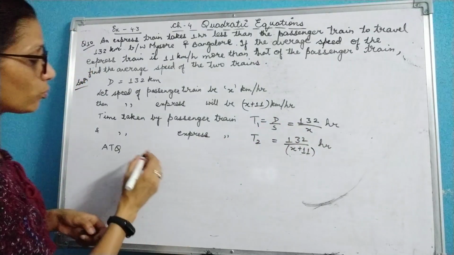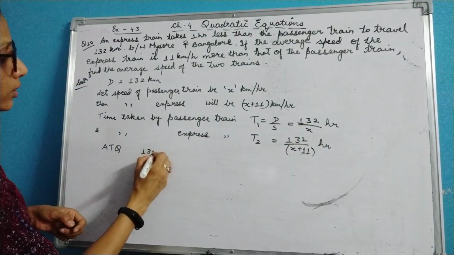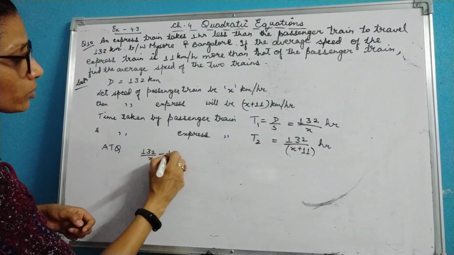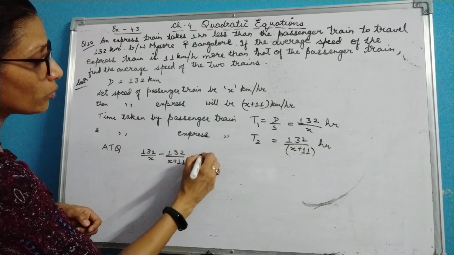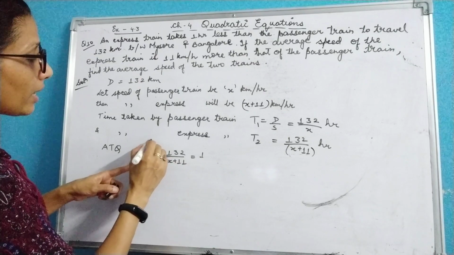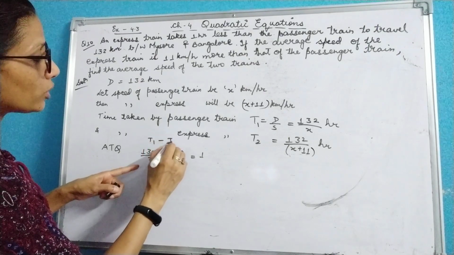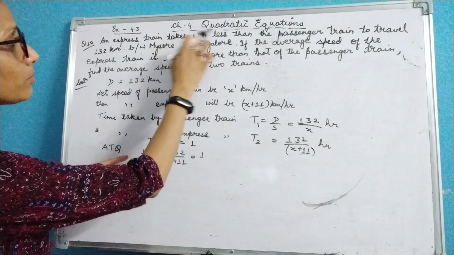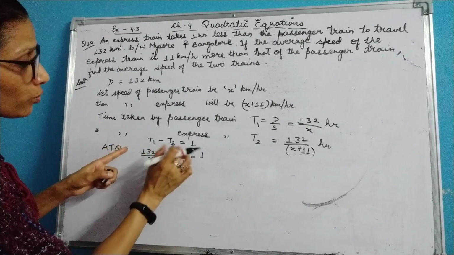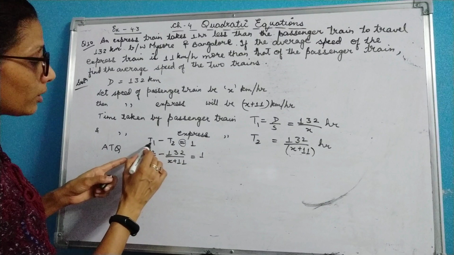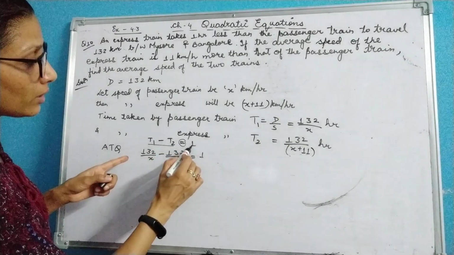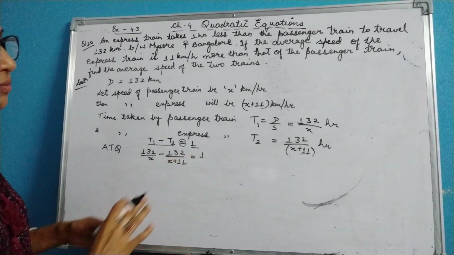That means I need to write down 132 by x minus 132 by x plus 11 equal to 1. Why I have taken this? I have done T1 minus T2 because the difference in time is given to you as 1. When you are equating something, then on both sides the unit should be the same. So here also this is time and here also this is time. That's why I have taken it like this.